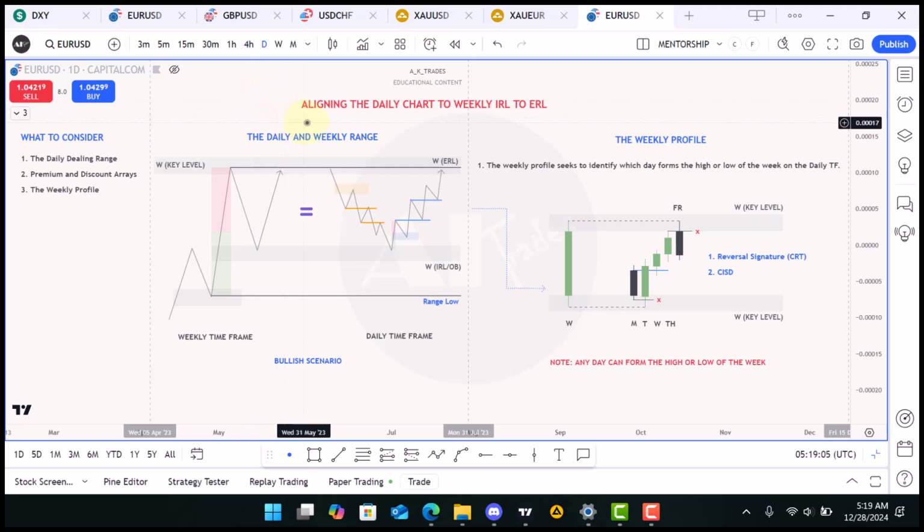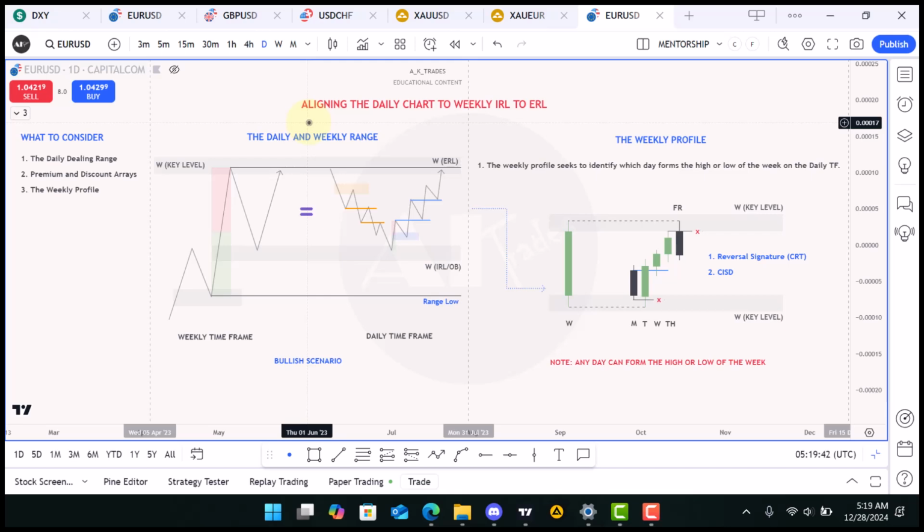So in my previous video where I took everyone through my trading model, I made mention of the fact that though I'm an intraday trader and I trade ICT concepts using internal range liquidity to external range liquidity strategy on my higher time frame, there are sometimes the weekly charts which I normally use becomes unclear.